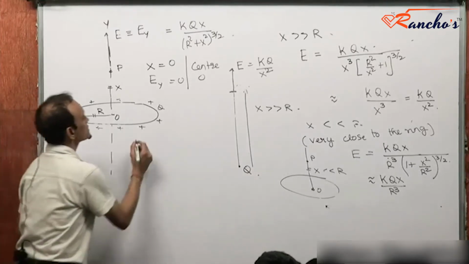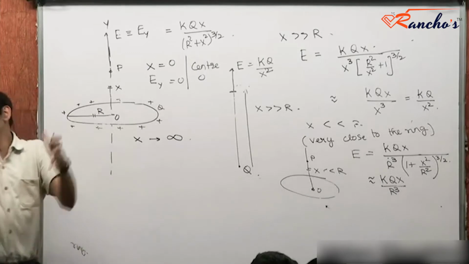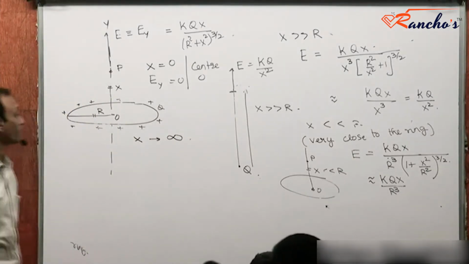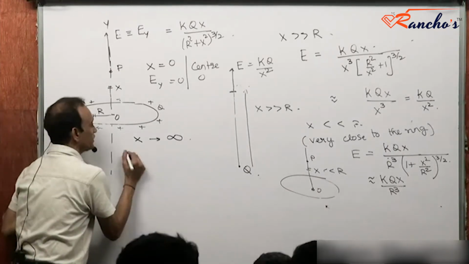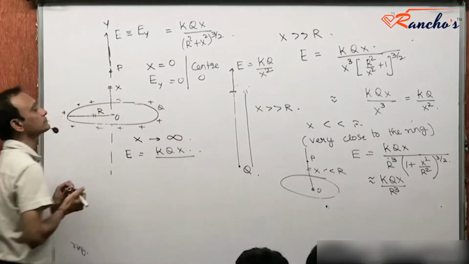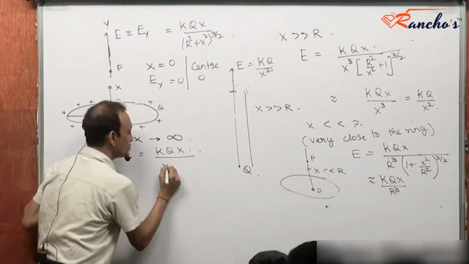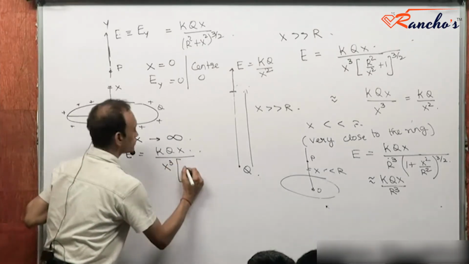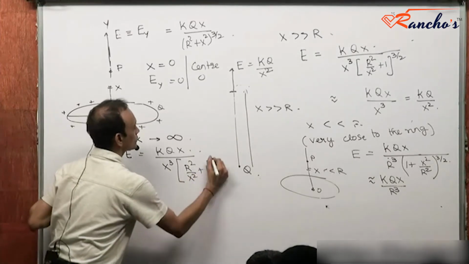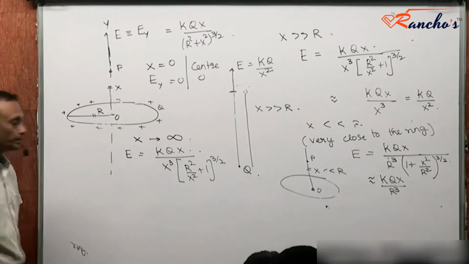At infinity, what happens as x tends to infinity? Not just large compared to r, but very large. Then the electric field E is kqx, then take x squared common from this, so this will become x cubed.